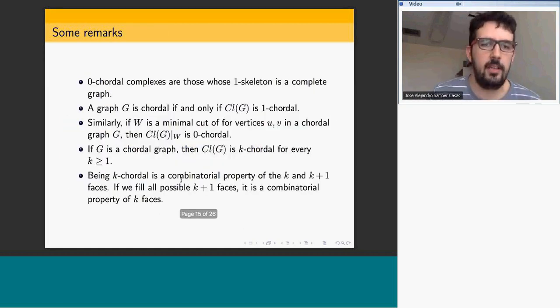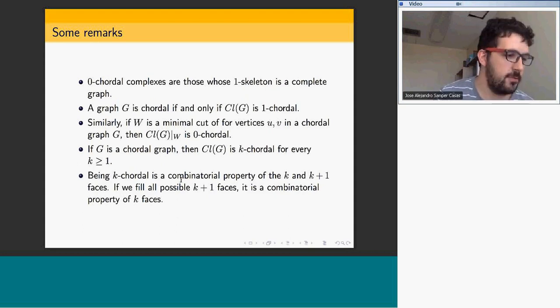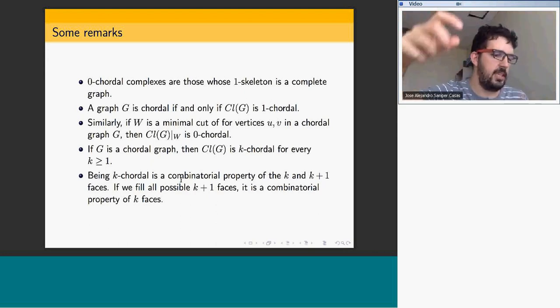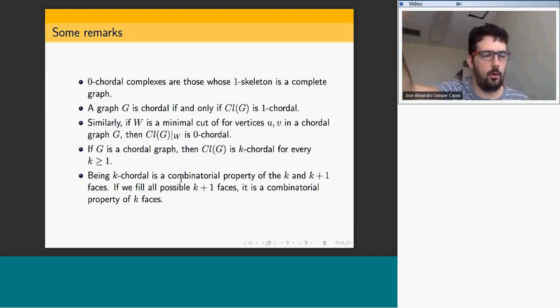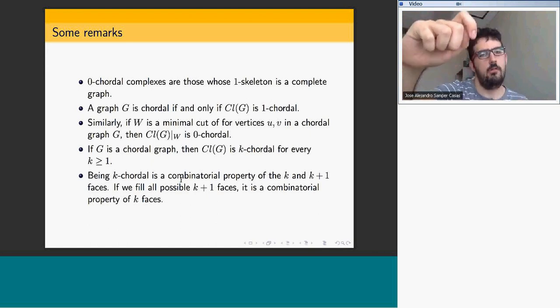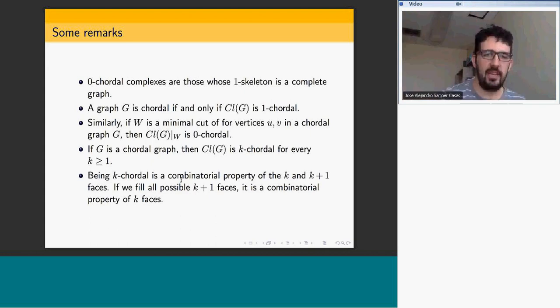Zero chordal means that the reduced homology of every induced subcomplex vanishes. For any two vertices of this graph, the induced subcomplex is either the two points or the edge between the two points. The zero reduced homology is only going to be zero if the edge is present, which means that a complex is zero chordal if its one skeleton is a complete graph.